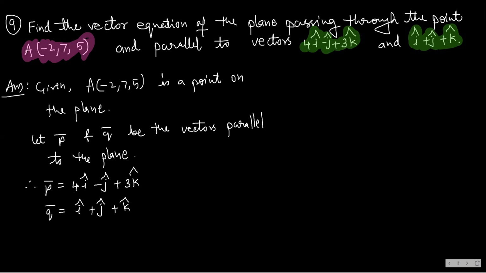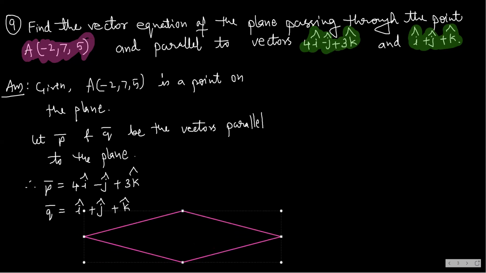As such it is not necessary, but we can always draw the diagram. So here I draw the plane. What am I given? I'm given two vectors parallel to the plane, so they can be assumed to be on the plane, coplanar with it.